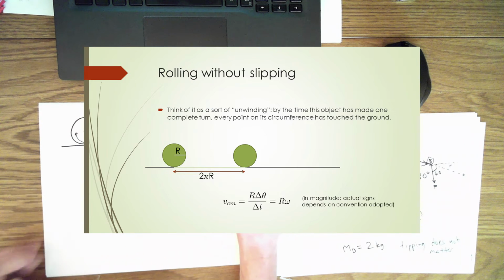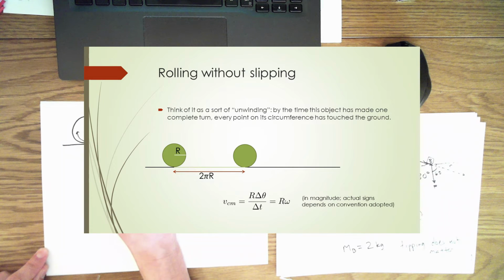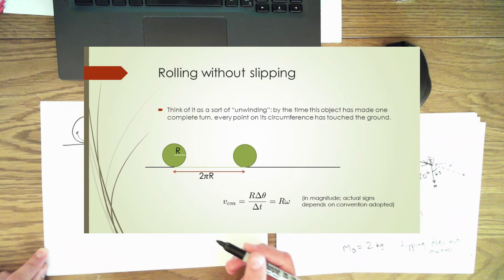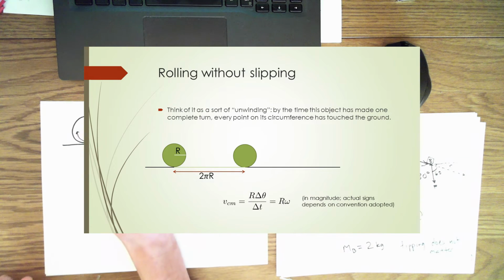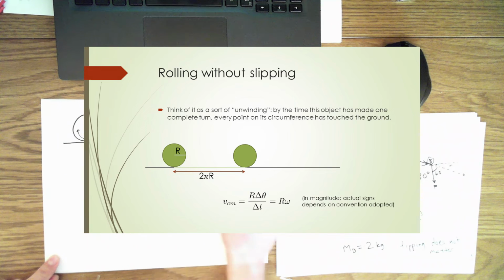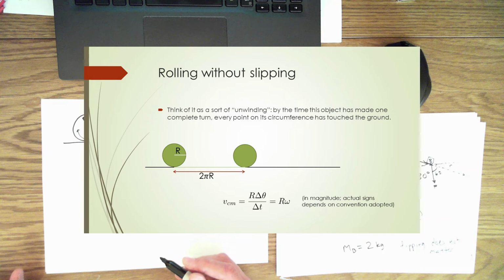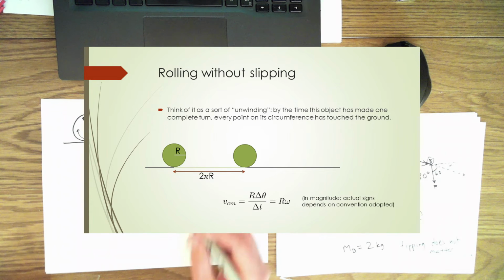So remember, any of these rotational quantities, omega, alpha, the angular acceleration, angular momentum, torque, all of these have to be specified with respect to some point. Here we're talking about the center of mass as the point of reference. So the angular velocity about the center of mass is omega, and r is the radius of the thing that's rolling, and the center of mass velocity is equal to r omega.